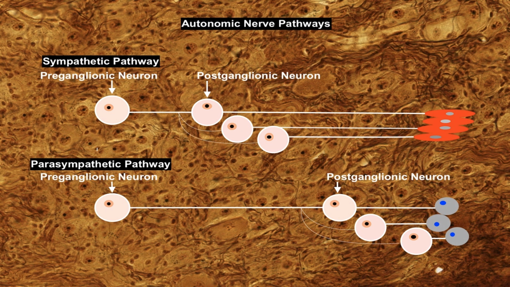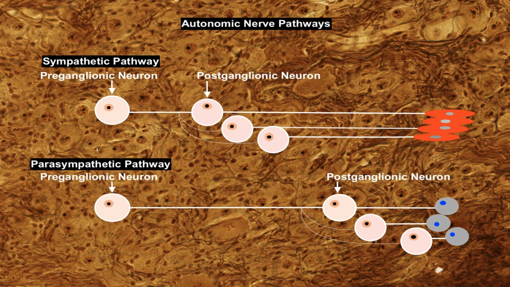And for this reason, a sympathetic first neuron is short, but the second neuron is long, as it needs to travel some distance from alongside the vertebral column to the effector organ or tissue. The opposite is true for the parasympathetic first and second neuron.